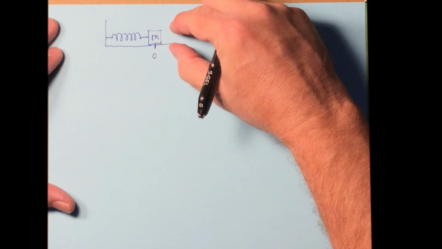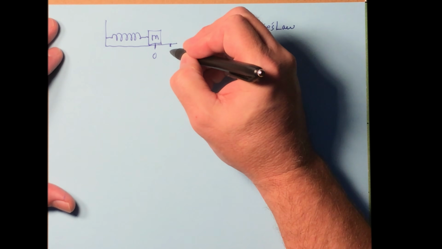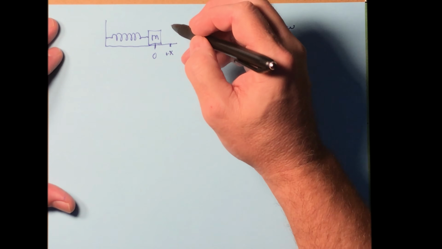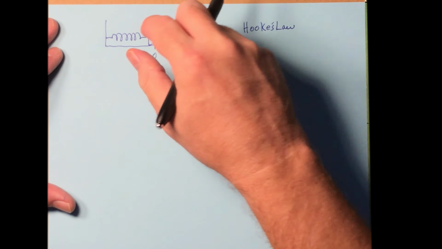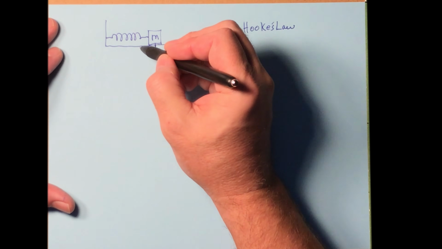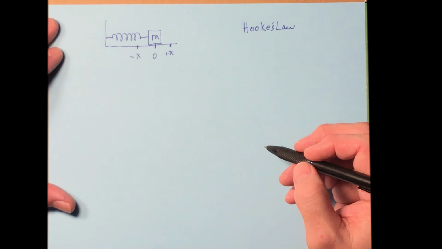Now I drag that mass out here. Maybe I drag it out to some maximum value of, let's just call it plus x. Then if that spring is the type that will allow some oscillation, if I drag it out to plus x and let it go, it's going to go back here to position minus x.